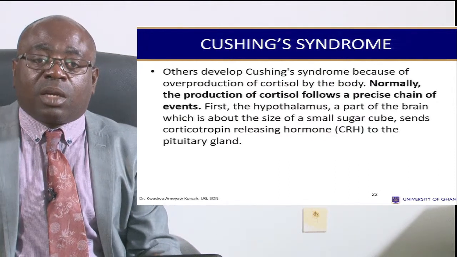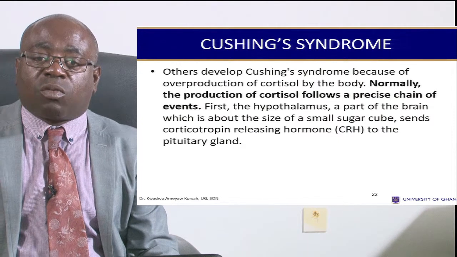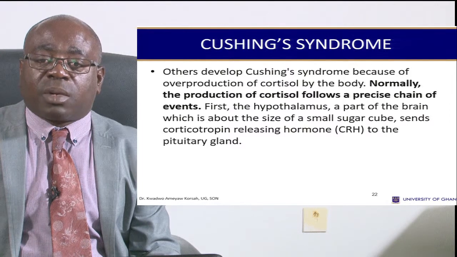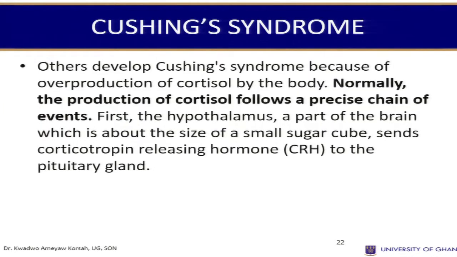Others develop Cushing's syndrome because of overproduction of cortisol by the body. Normally, the production of cortisol follows a precise chain of events. First, the hypothalamus, a part of the brain about the size of a small sugar cube, sends corticotropin-releasing hormone, CRH, to the pituitary gland.